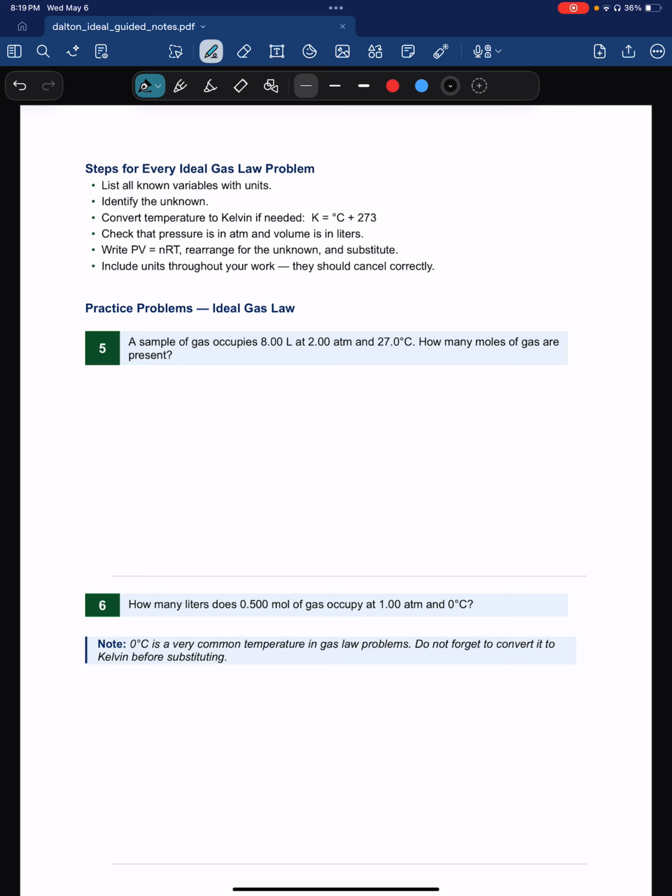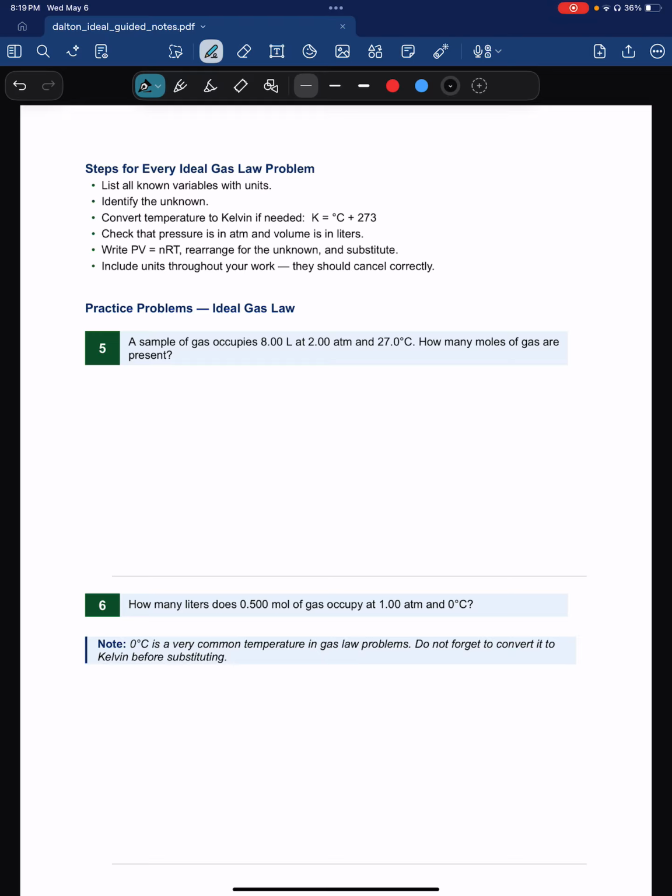I'm going to write out the ideal gas law and then rearrange it for the unknown before I substitute, and then I'll include my units throughout my work and make sure that they cancel correctly, right? These are the kinds of things that I want to see you doing as neatly as you can when you're doing assessments, okay? So, to that effect, let's go ahead and start practice problem number 5.